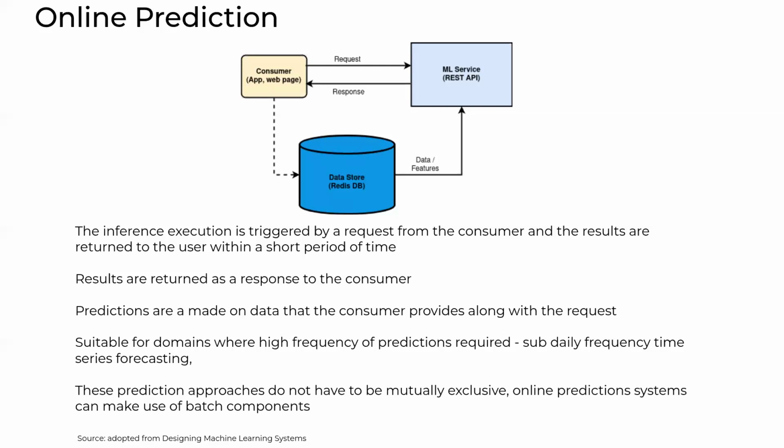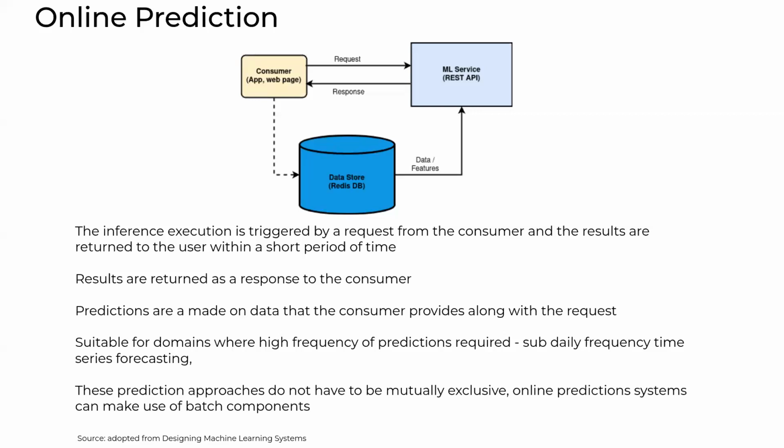So this is the high level, or a more simplified version of it. You have a consumer application and it sends a request to the machine learning service, which in this instance is a REST API. So it's a web service and the machine learning model is embedded in that REST endpoint, right? The request comes in, and the API would decode the data that the user sent.